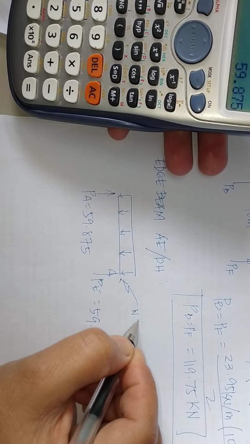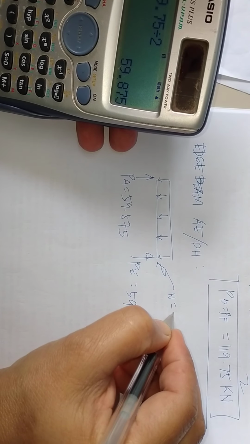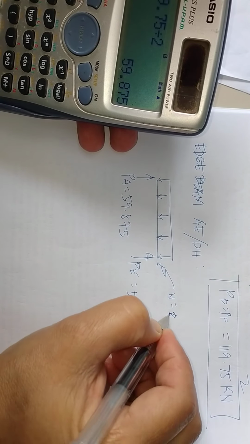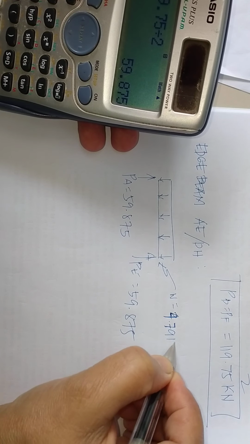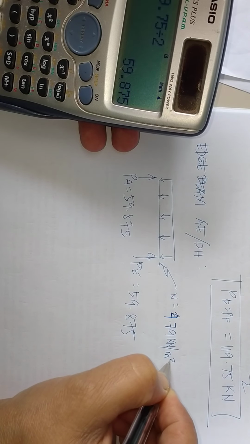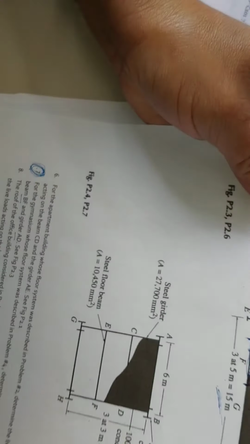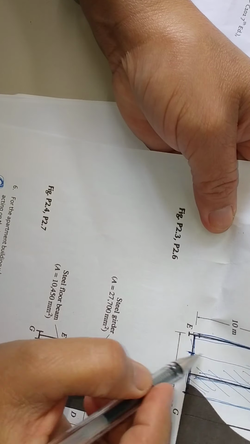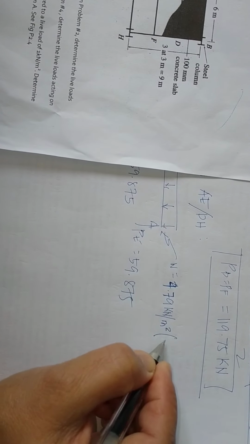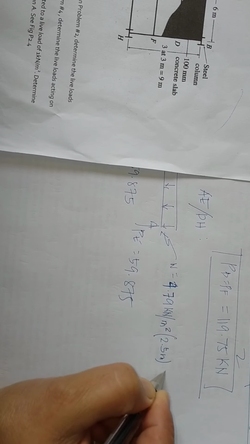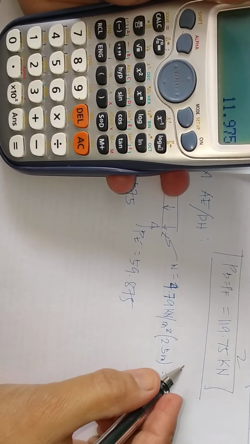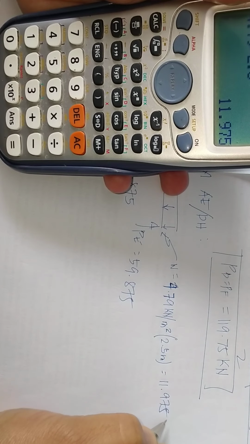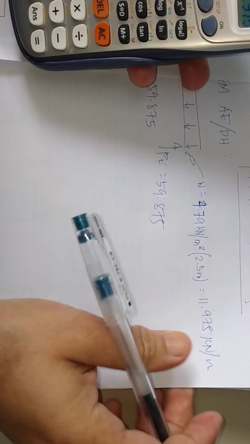Small w here is equals to 4.79. That is the assigned live load, kilonewton per square meter. The width of tributary area is 2.5 by 10. So multiply it by 2.5 meter equals 4.79 times 2.5, 11.975 kilonewton per meter.